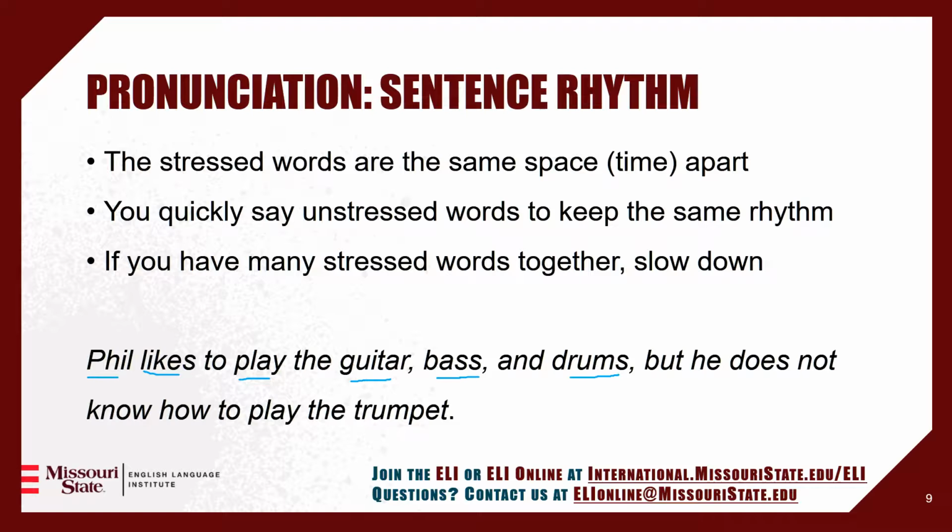This means I have to slow down because there are many stressed words together. Okay, let's try. Phil likes to play the guitar, bass, and drums. Okay, so each of these stressed words is about the same distance apart. And I have to say the unstressed words quickly to get to the stressed words and keep the timing and the rhythm about the same.